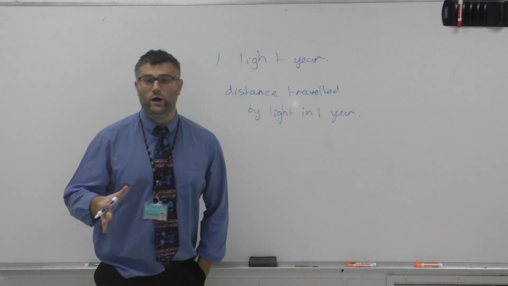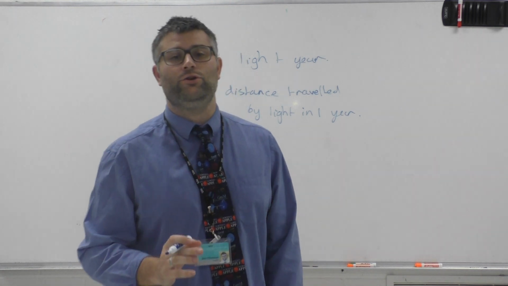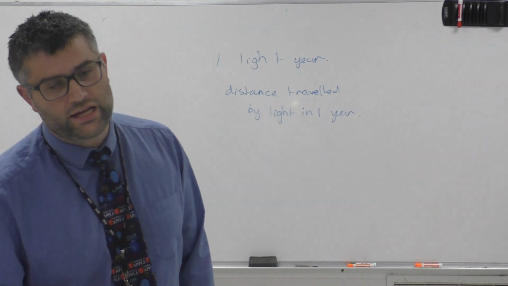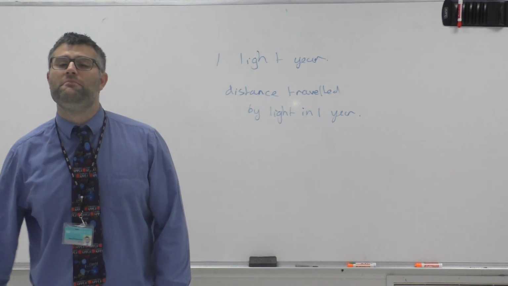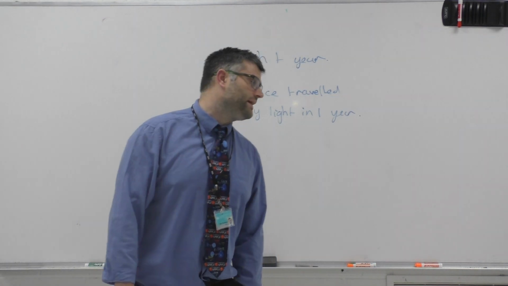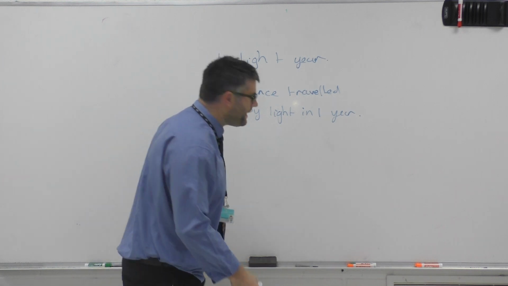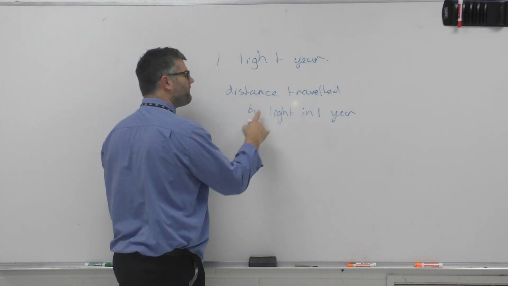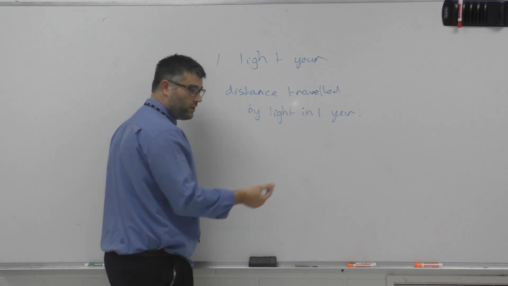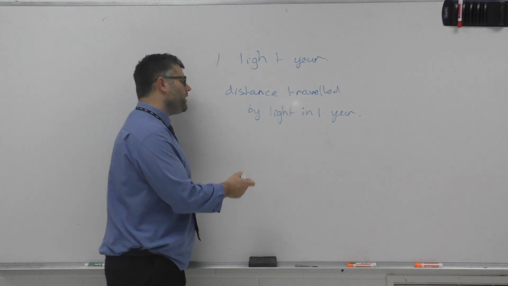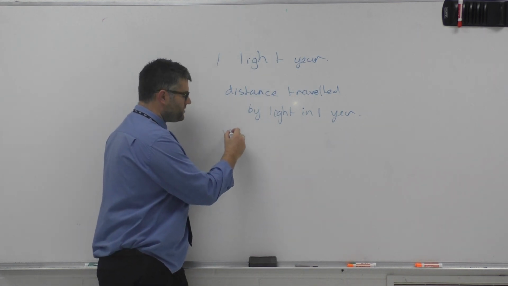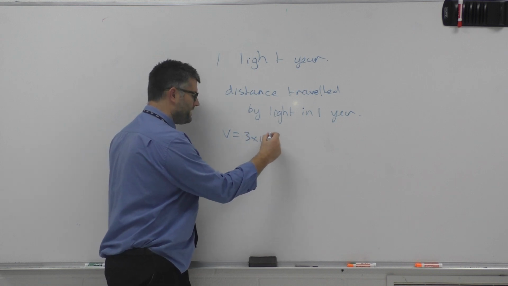And actually you can work that out, and one of the things I'm going to ask you to do in the lesson is to tell me how many meters is a light year, and you need to work that out. I'm going to give you an idea about that now. If it's the distance traveled by light in 1 year, we can work out what this is in meters. Well, we know that light travels at a velocity of 3 times 10 to the 8 meters per second in a vacuum.